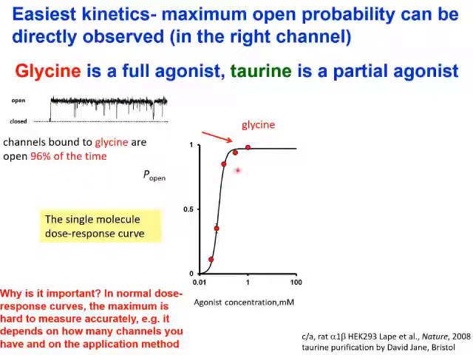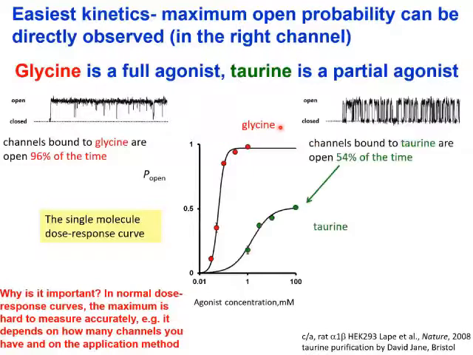Now, this is the case for glycine, which is a full agonist, but with another agonist, the partial agonist taurine, no matter how high I go in concentration, this is 100 millimolar, the channel is saturated, but it cannot be kept open all the time as glycine does. Taurine is not as efficacious as glycine.